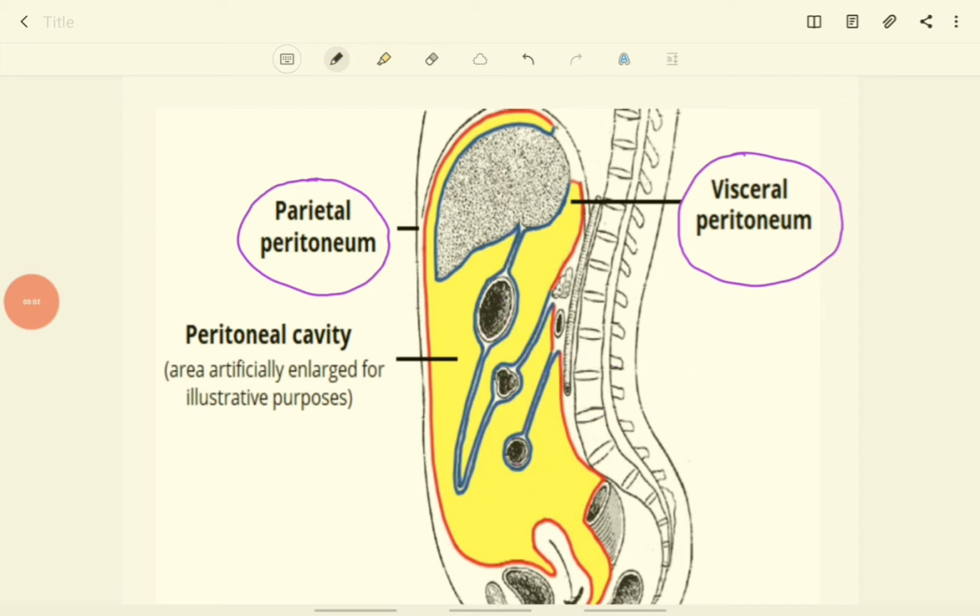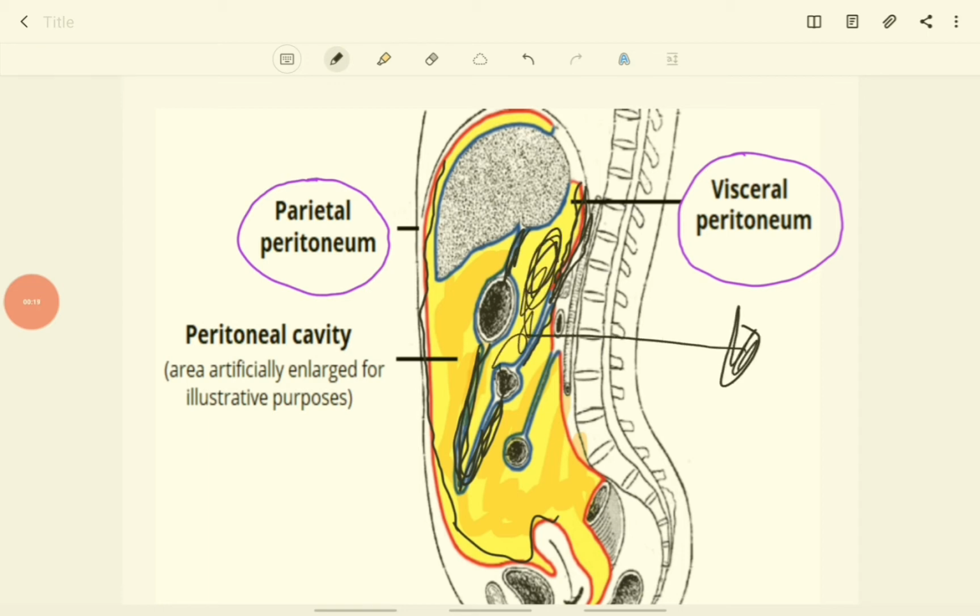The space between the parietal peritoneum and the lesser omentum and the greater omentum, here we have a space. This space is called the greater sac. And the space between the posterior surface of the parietal peritoneum, the mesentery, and the greater omentum and the lesser omentum, this space is called the lesser omental sac.